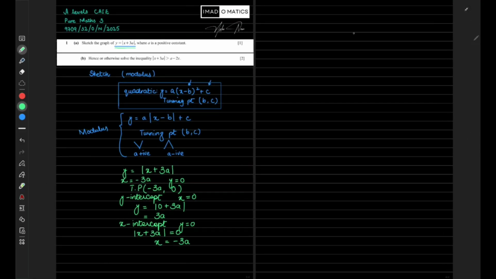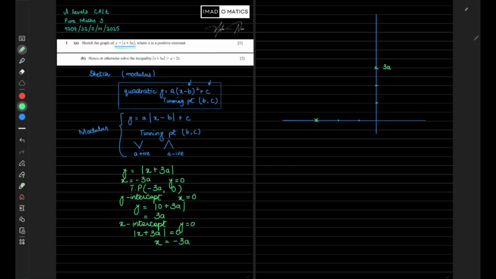Now let us sketch this. The turning point is at minus 3a, and the y-intercept is positive 3a.